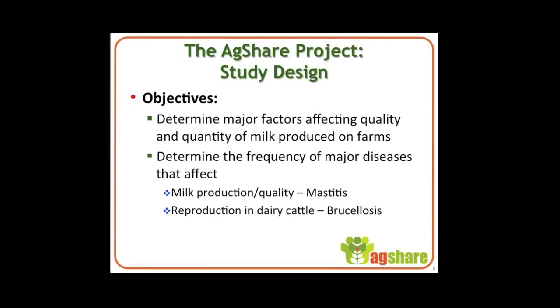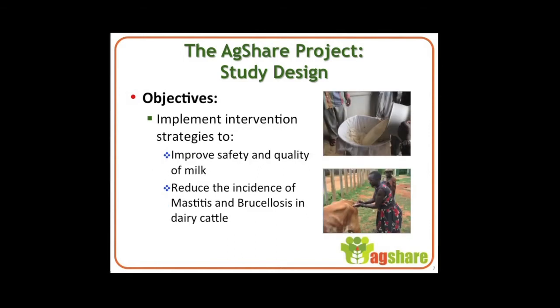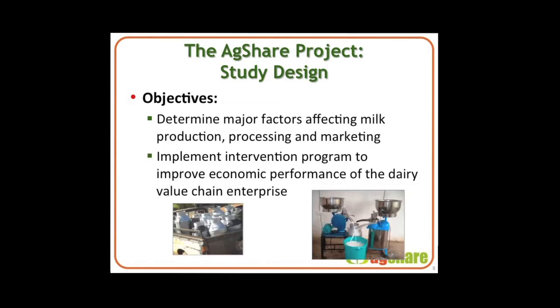They collected information about what is really going on on those farms, the whole value chain, and looked at parts that affect production, like disease. But more importantly, or equally importantly, they looked at also the intervention. What can you do then, both from a disease standpoint, but also from the business aspect?